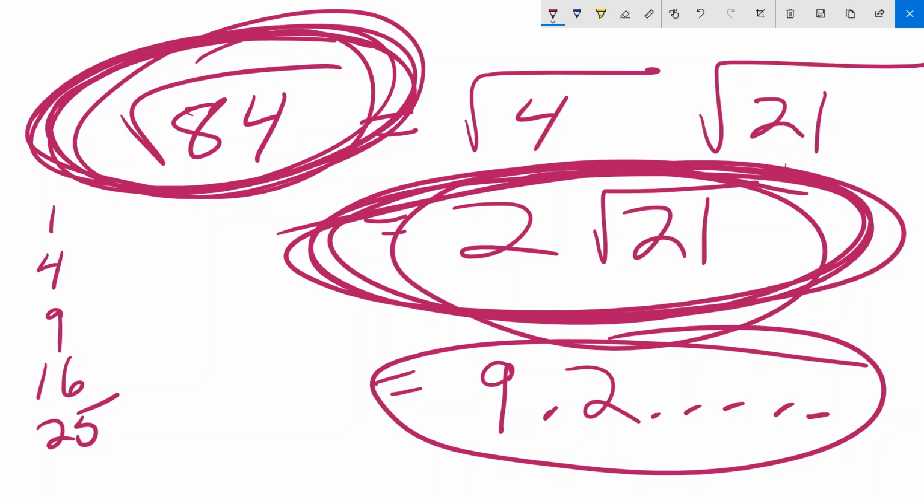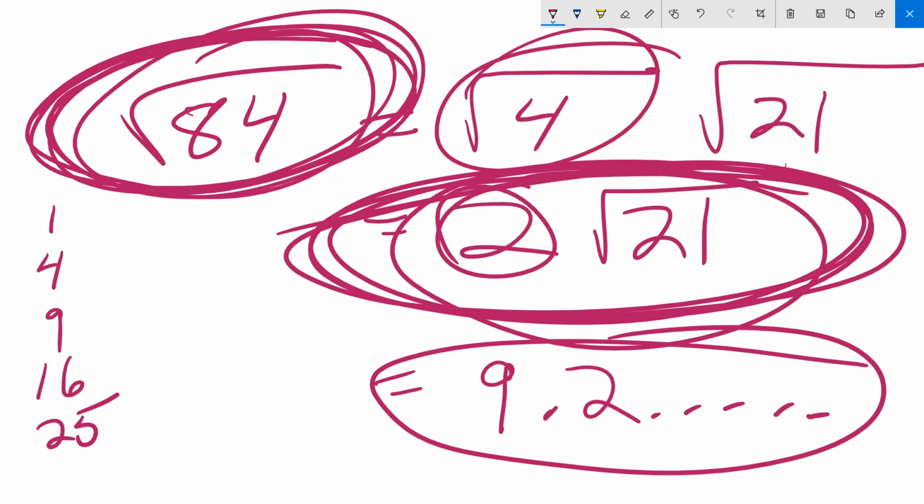Now that square root of 4 turns into a 2. I still have root 21, which is root 7 times root 3, but that's not reducing it. Turning a root 21 into a root 7 times root 3 is not helpful. It gives you 2 terms instead of 1. So you leave it as root 21 unless you can find a factor that is a perfect square number, and there isn't one.